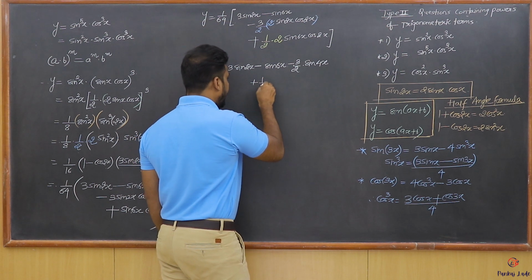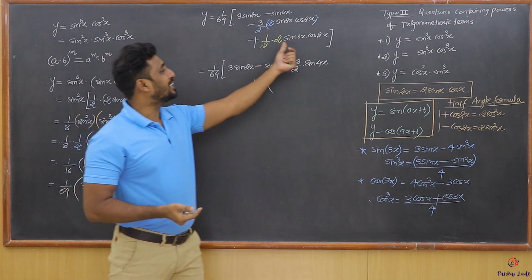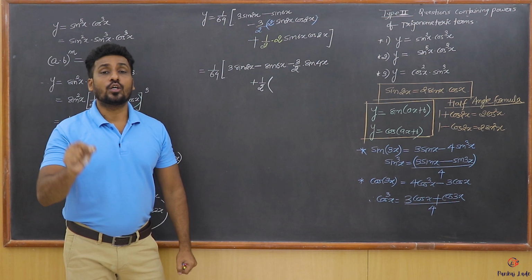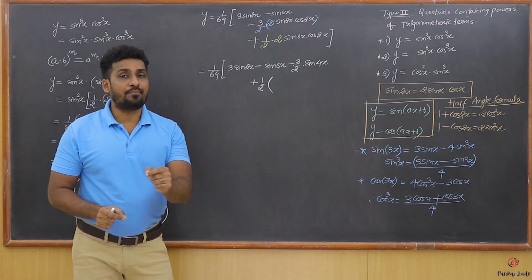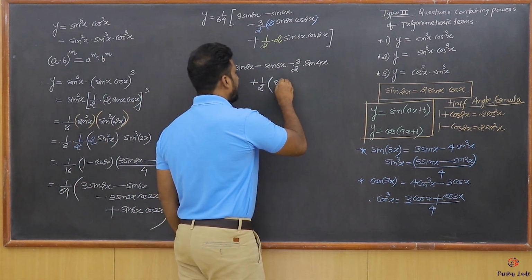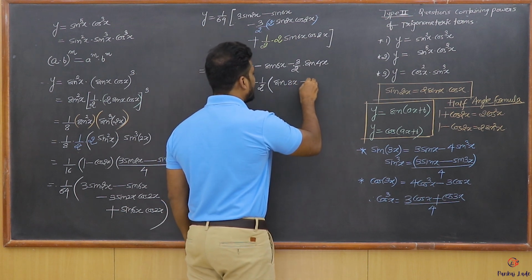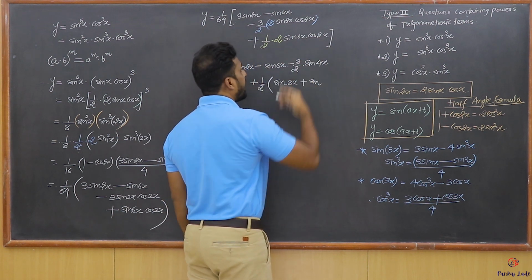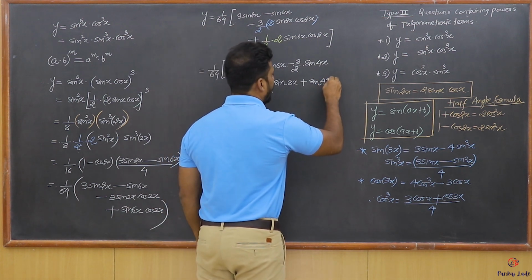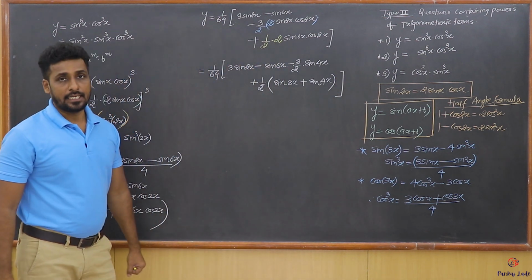So I write a 1 by 2, then I put a bracket because I know there are multiple terms going to come for 2 sine A cos B. You know the formula. 2 sine A cos B is sine A plus B plus sine A minus B. So I'll be getting sine A plus B, so that's 6x plus 2x, you get 8x, plus sine A minus B, you get 6x minus 2x, that becomes 4x. And you close the bracket and you close one outer bracket, isn't it?